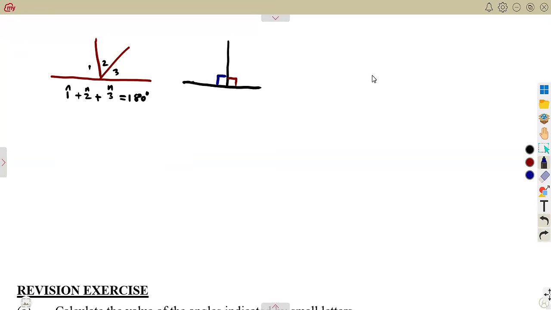We also talked of the parallel lines. When two lines are drawn and they are parallel to each other, the arrows are used to indicate that, and a transversal line can be drawn, creating so many angles that we can consider, the corresponding angles.